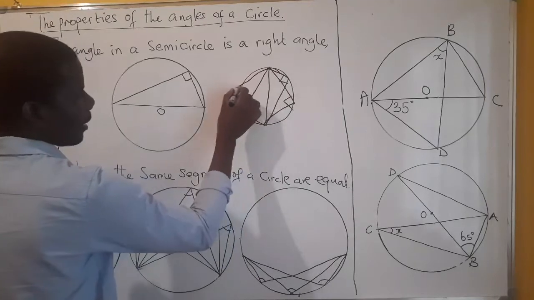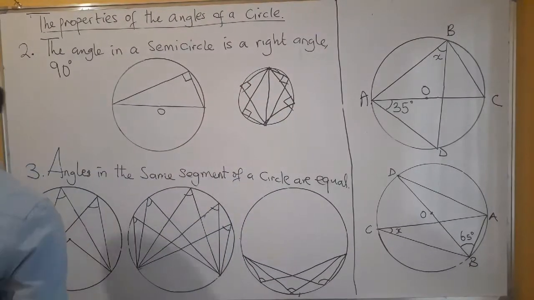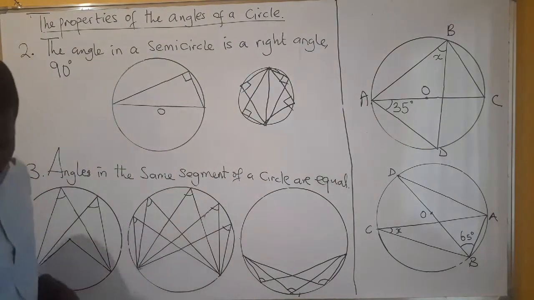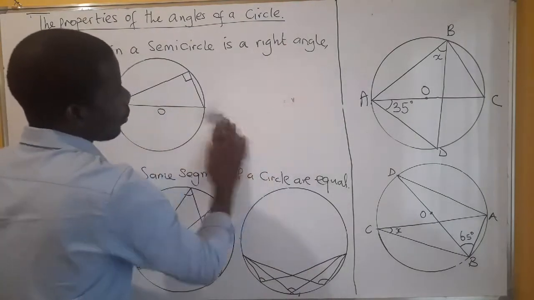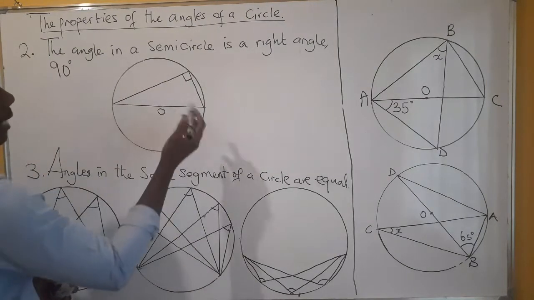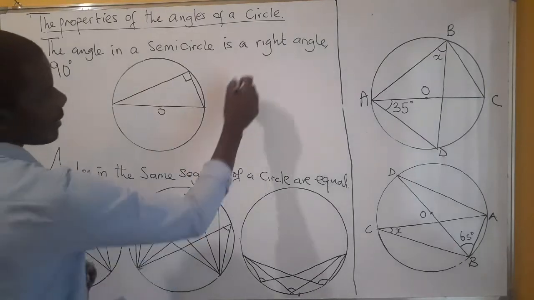It can also be here. That is what we are saying. So the angle in a semicircle is what? 90 degrees.